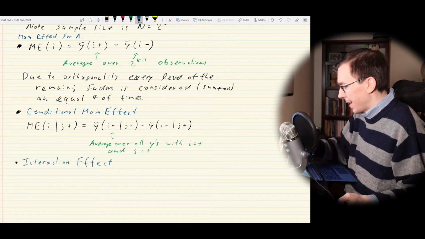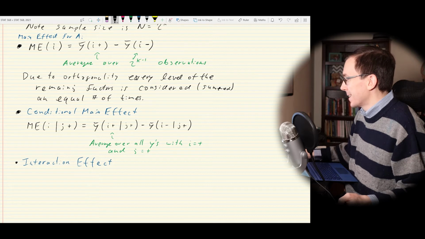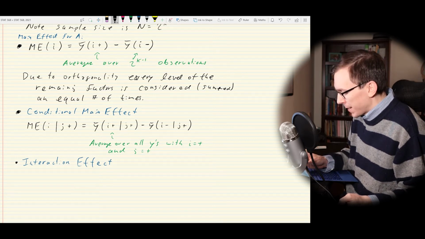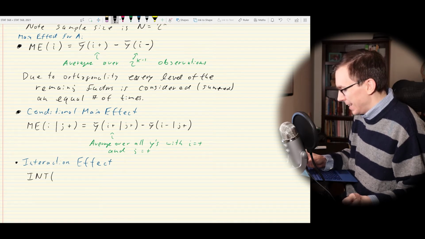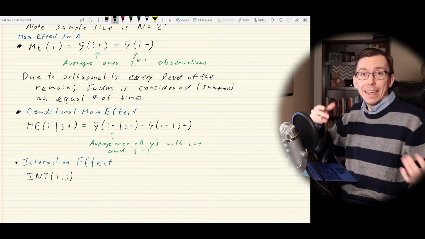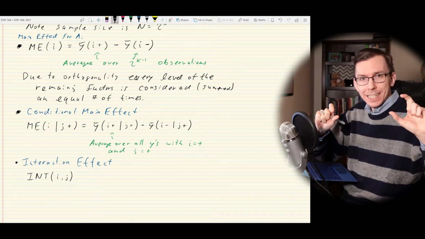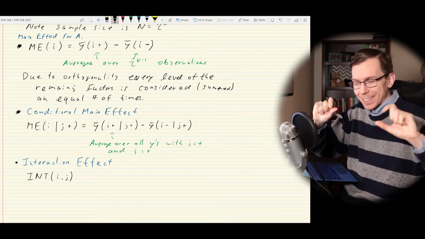So the interaction effect is what? Well, we're going to start with the interaction effect for two factors, which I'm going to write as int, for lack of a better notation, between I and j. So if we want to know how do factors I and j interact, they have two levels each. So there's kind of four different settings, plus minus for each of them.